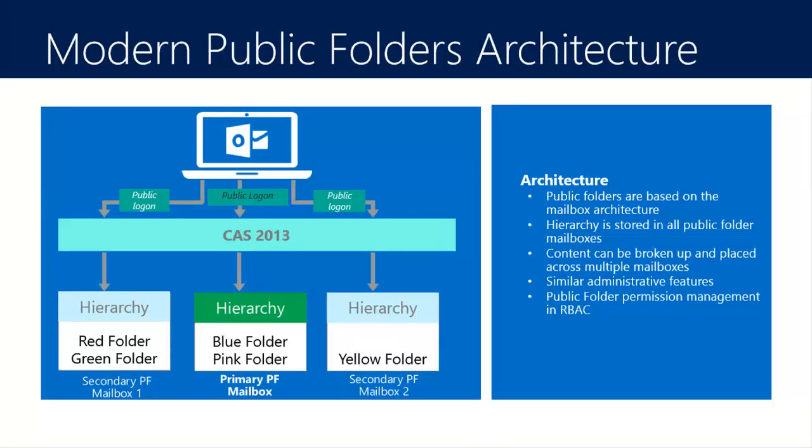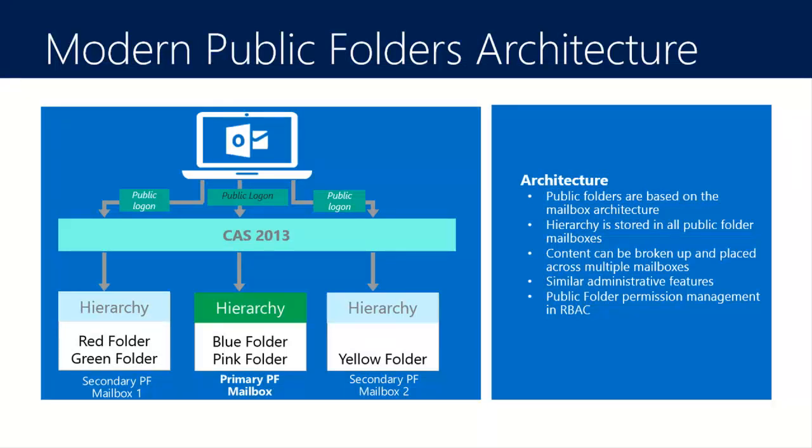So when a client comes in here, they're going to be distributed across the various public folder mailboxes based on a hashing scheme that we use to redirect people. And again, as I mentioned before, they will chase referrals and go towards the content for a particular public folder.